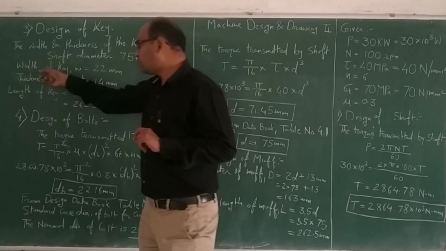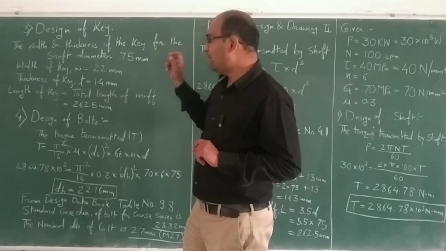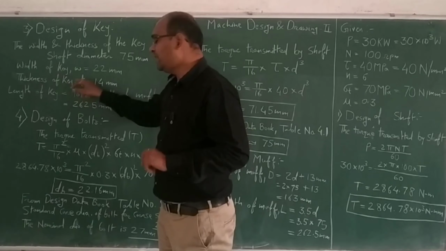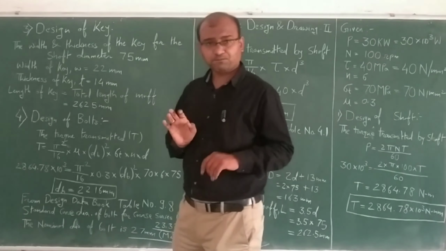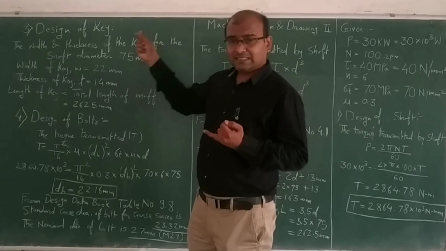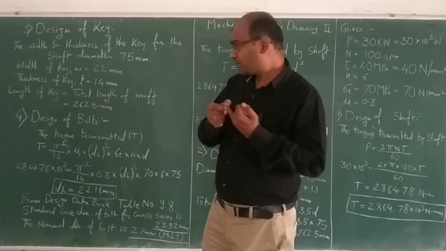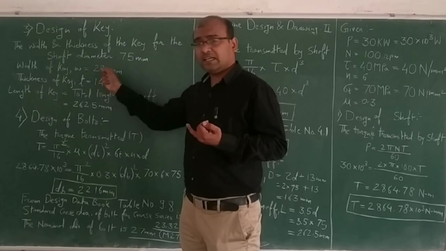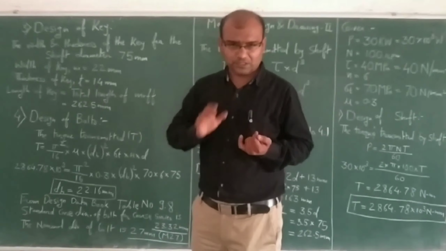So the width of the key, W, is 22 mm, and the thickness of the key, small k, is 14 mm. It means when the diameter of shaft is 75 mm, the width of key is 22 mm and the thickness of key is 14 mm.